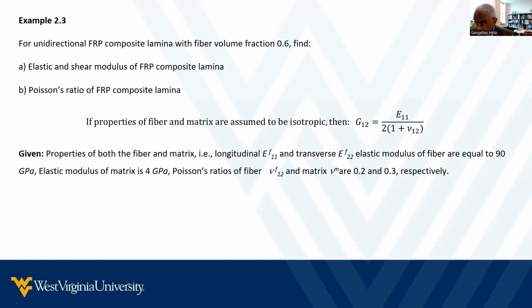For those not very familiar with the SI units, in this particular example that I'm showing you, 90 GPa is the elastic modulus of the fiber, whereas 4 GPa is for the matrix. So 90 GPa translates to approximately 13 million PSI.